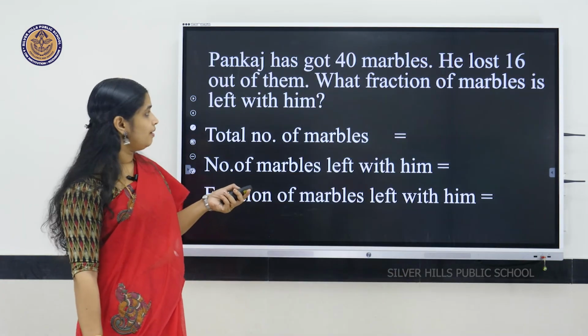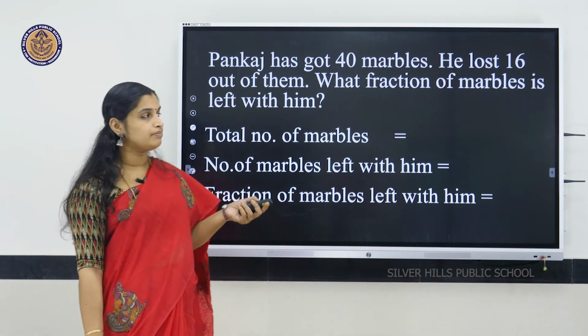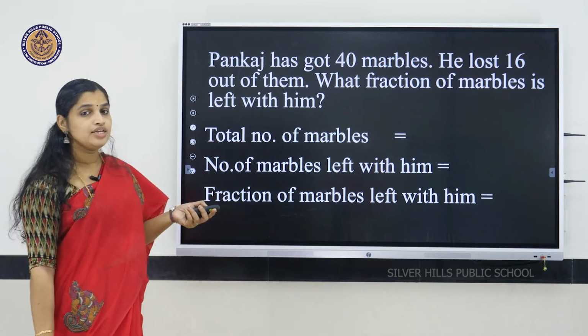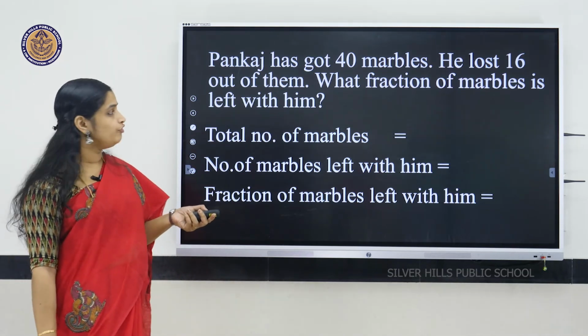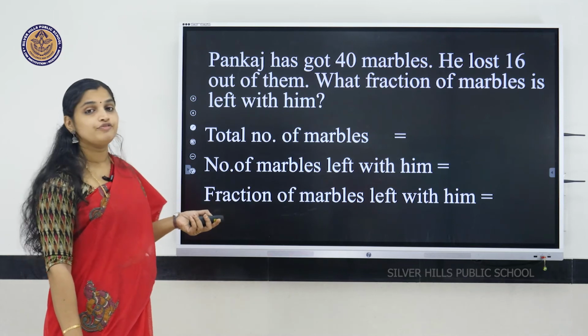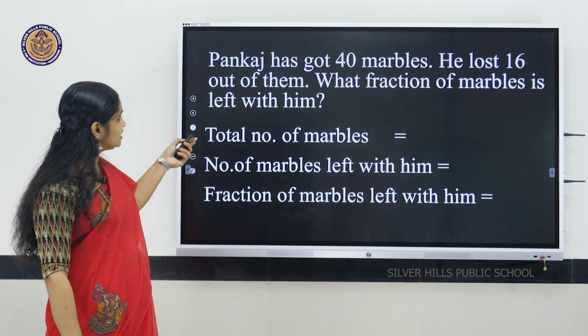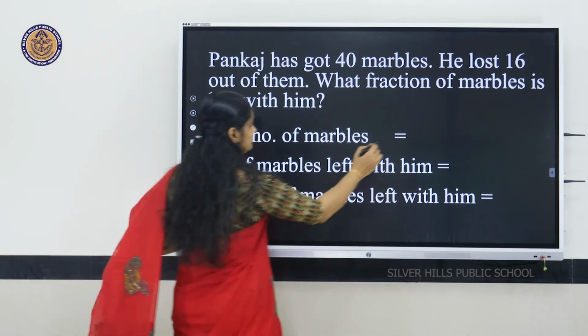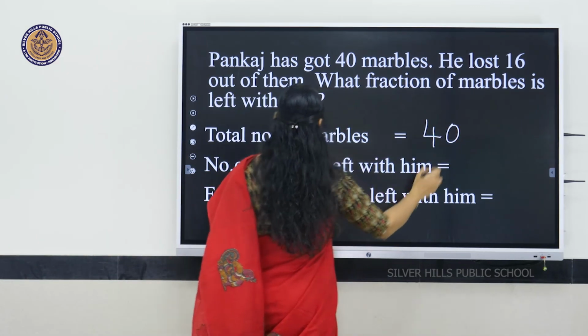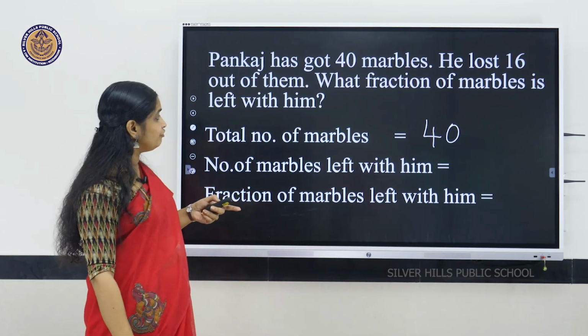Now next question. Pankaj has got 40 marbles. He lost 16 out of them. What fraction of marbles is left with him? So what is the total number of marbles with Pankaj? 40. And number of marbles left with him.